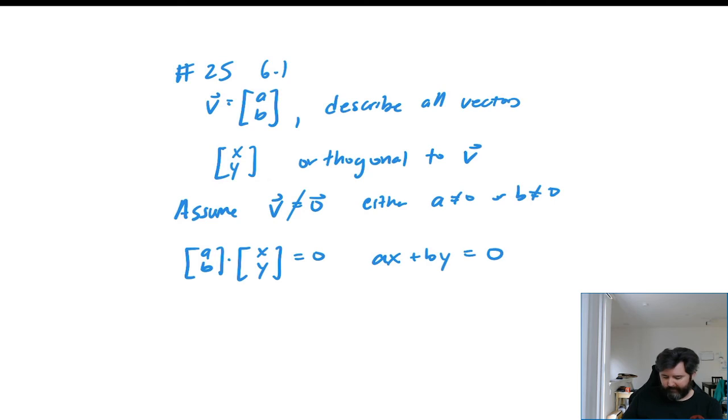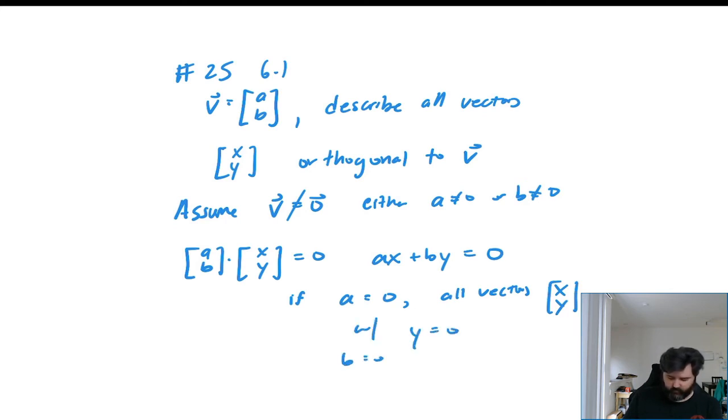And so basically, let's break it down. If A is equal to 0, then it's all vectors (x, y) with y equal to 0.